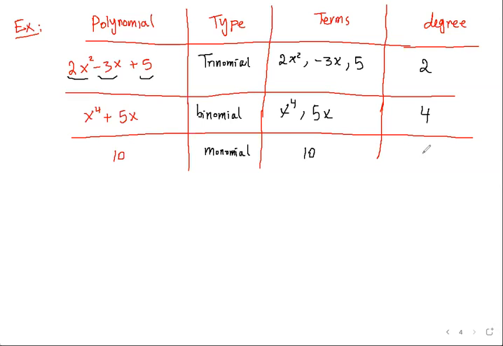What's the degree? 0, exactly. Why? Because it actually looks like 10 times x to the power 0. So the degree here is 0. Make sense? Any question?